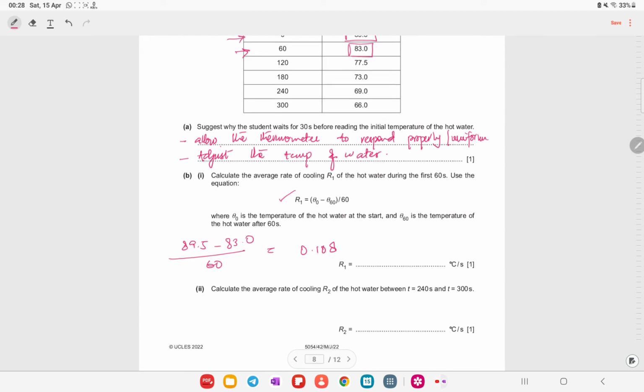Calculate the average rate of cooling R2 of the hot water from T 240 to 300. Again, you see the temperatures are over here for 240 and 300. You subtract 69 minus 66 over 60, so you will end up with 0.05 degrees Celsius per second.